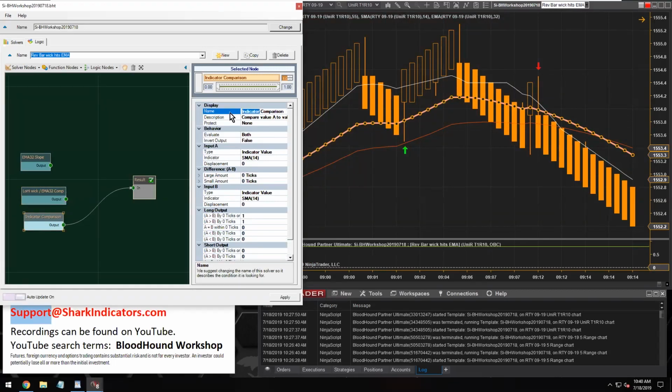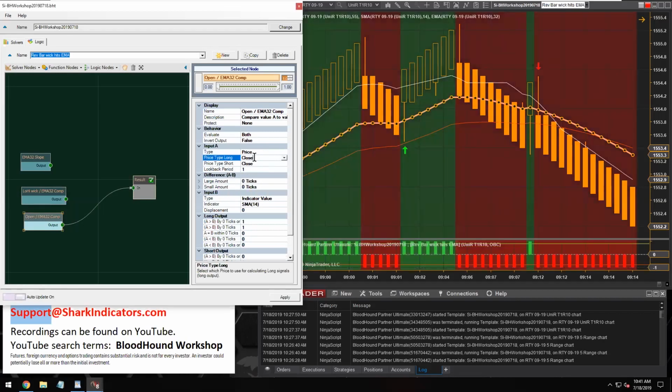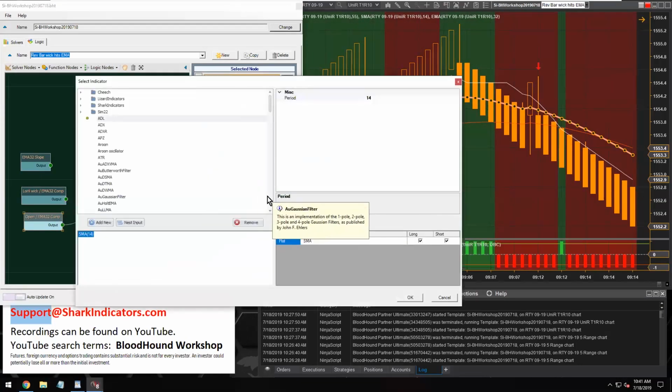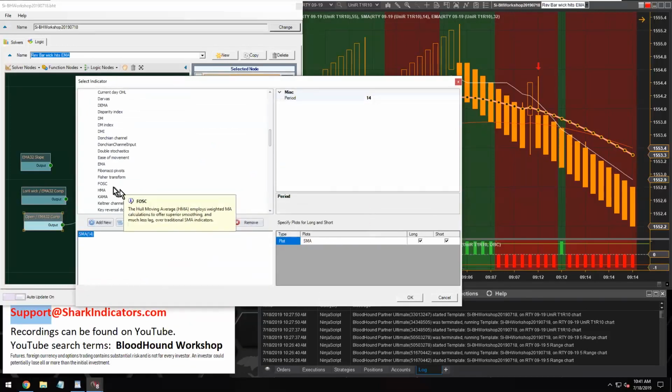This time we're going to check the open price to the EMA. Again, input A, we'll set that to price, and we're going to set both the long and the short to the open price. And then input B, we'll switch that over to the EMA.